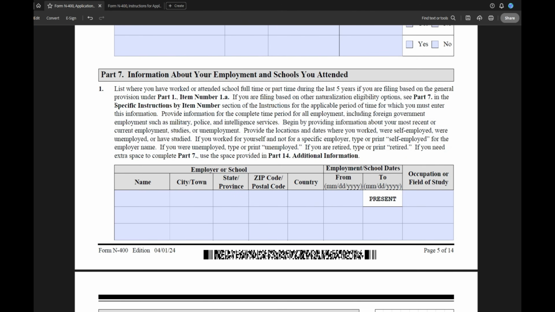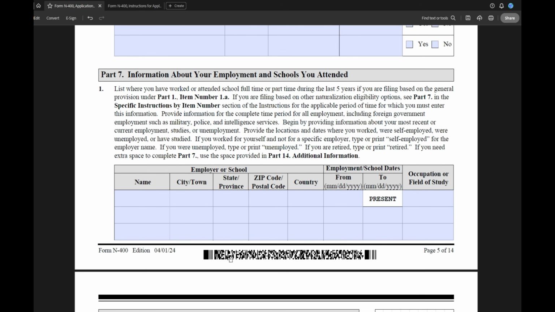Moving on, in part 7, you're being asked to provide employment and education history for the past 5 years if you're filing based on the general provision, the 5-year rule. If you are applying based on marriage to a US citizen, for example, then you only need to provide that history for the past 3 years, just like we did with the address history.